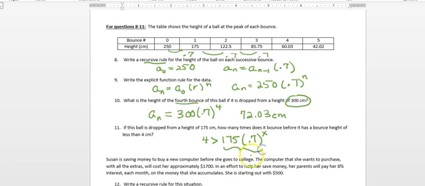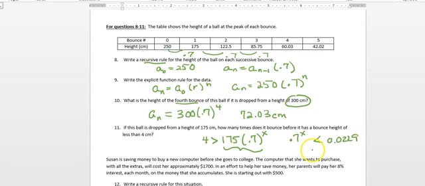Well, there's a couple ways you could do this. You could just put this in your calculator and then look at the table of values to see when y is equal to something less than 4. Or you can use logs to solve this problem. Take 4 divided by 175 and you get 0.7 raised to the x power. You want it to be less than 0.0229.